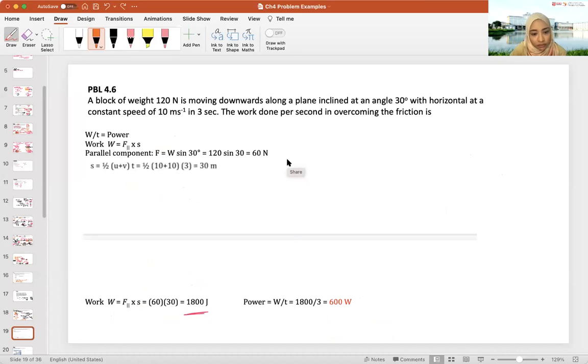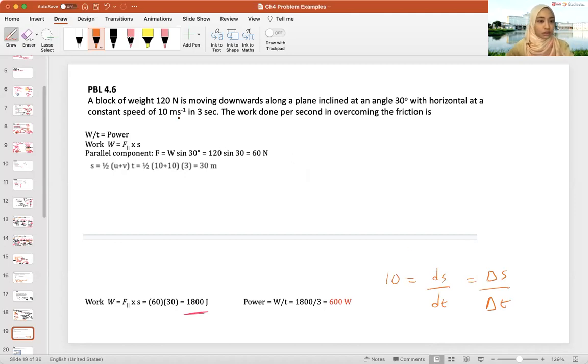Wait, if I use 10 equals ds over dt, can or not, doctor? So you want to integrate. Naziha is saying, can we use 10 equals ds over dt, or the change in s over the change in t, where the change in t is 3? So yes, you can.